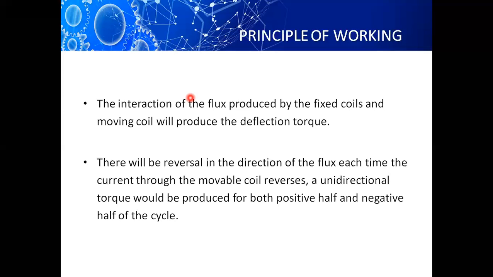That was the situation in a permanent magnet moving coil. Now in dynamometer type, it is the same concept, but here we have a magnetic field produced by another coil called a fixed coil. Again, we have a moving coil carrying current placed in a magnetic field produced by a fixed coil instead of a permanent magnet.